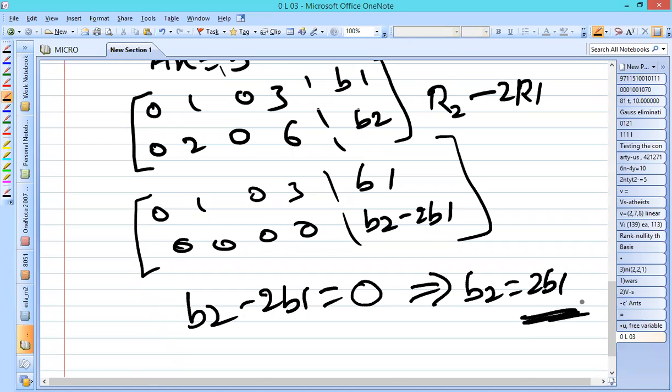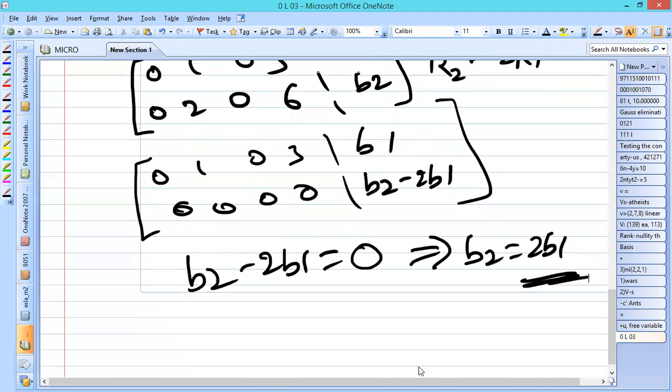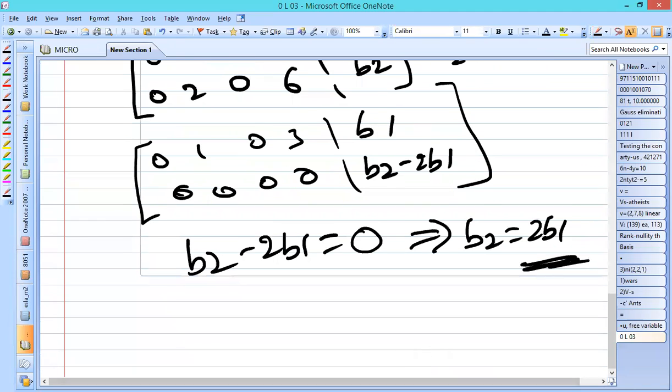So at this value of B2, the equation Ax is equal to B is going to have a solution. And now, in order to write the complete solution, we include the solution of this matrix A. Actually, I just forgot to say one thing.